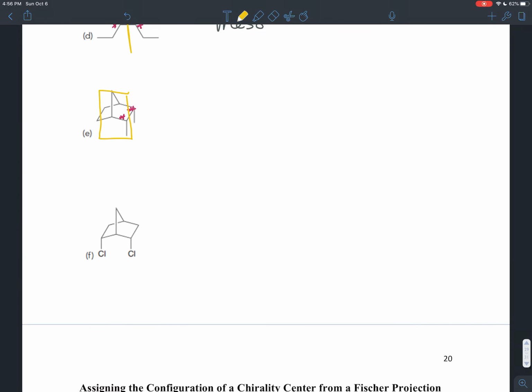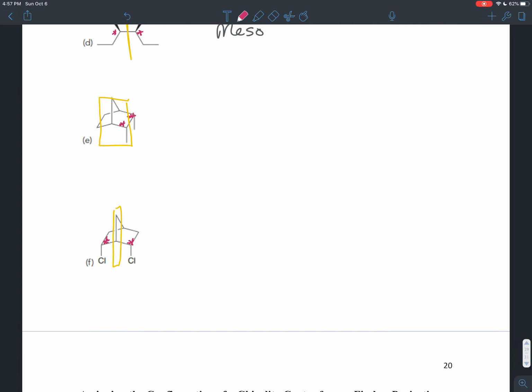In this next one, you have a plane of symmetry that goes through the middle of this. If you imagine a plane going back through the middle, so that it goes up through there, on the right and left of that plane, you have the same stuff. And so because you have that plane, the chiral centers that are here, and we have two of them, those chiral centers don't make the molecule as a whole chiral.